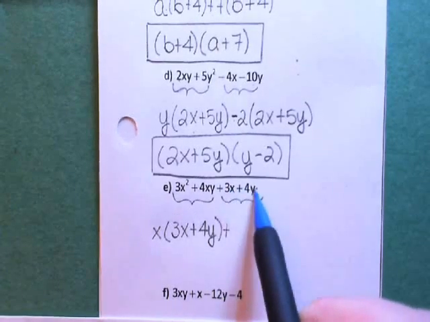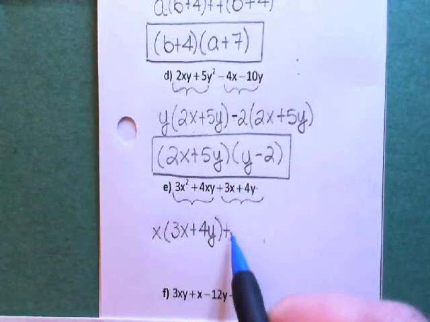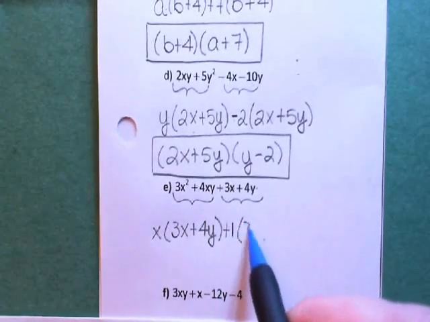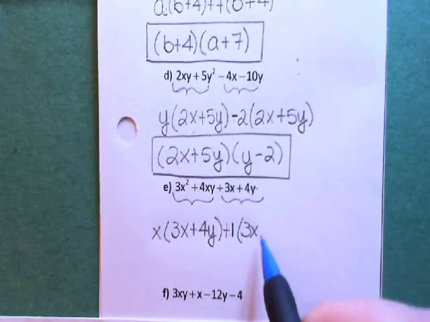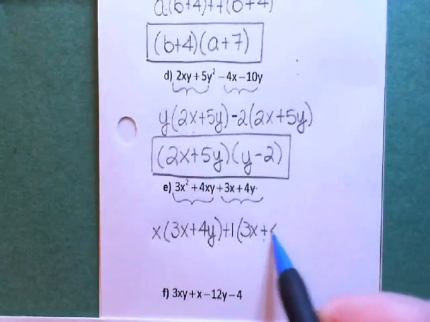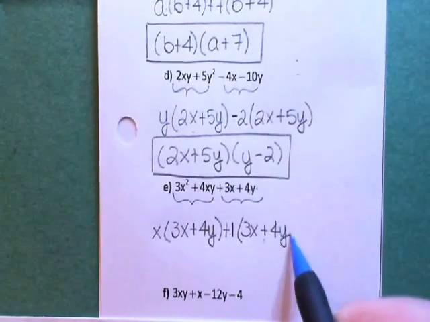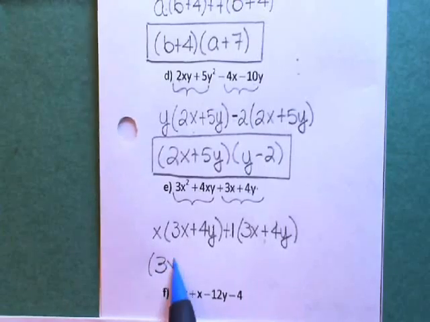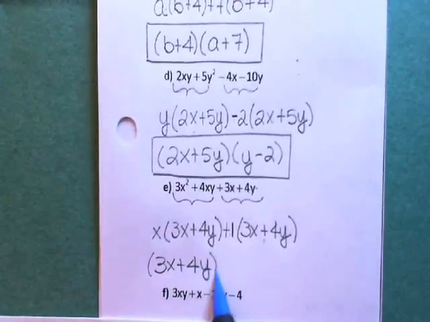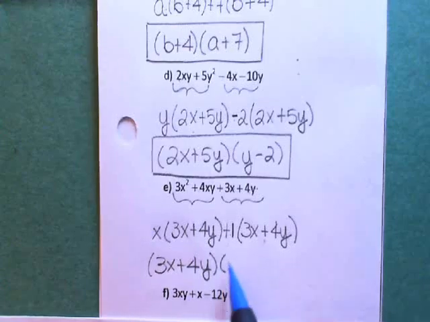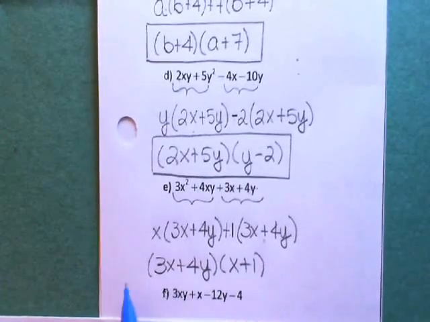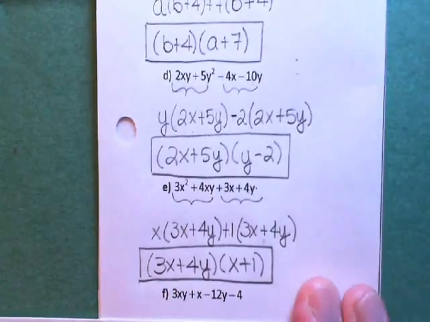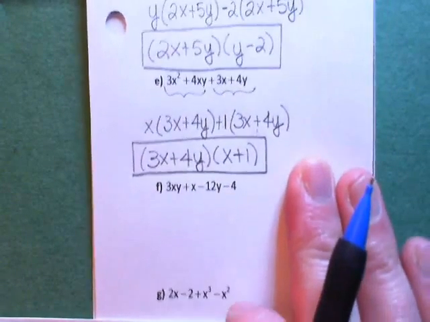And what can I factor from these two? The only thing I can factor is a 1, so let's go ahead and factor a 1. 3x divided by 1 is 3x. 4y divided by 1 is 4y. And what do they have in common? They have in common 3x plus 4y. And if I remove the 3x plus 4y, I have left x plus 1. So that's our answer.